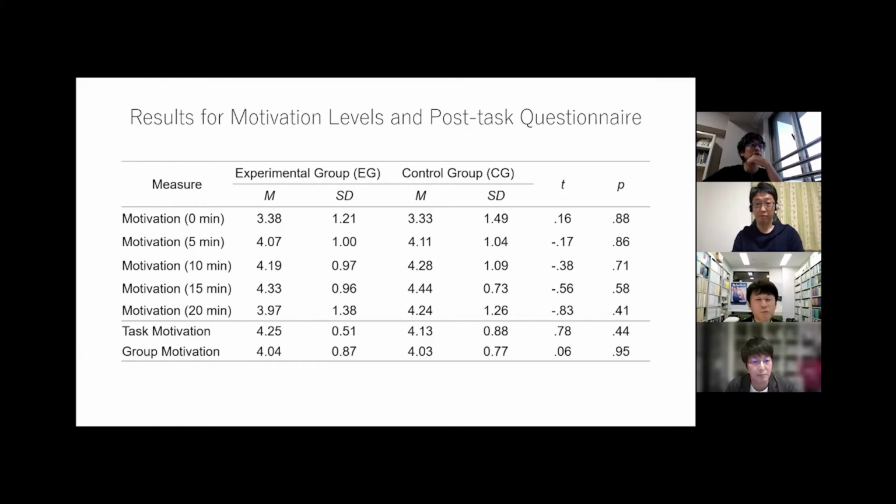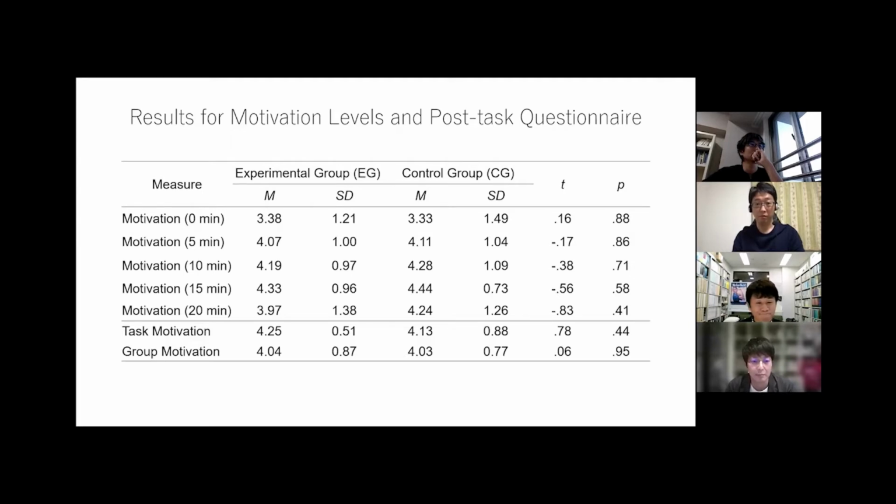As the table shows, there were no significant differences between the participants in the 2 groups in their motivation levels at each time point and their task attitudes. While both groups demonstrated an increase in motivation over time, there was a tendency for motivational gains to slow down or stay flat at around 15 minutes.